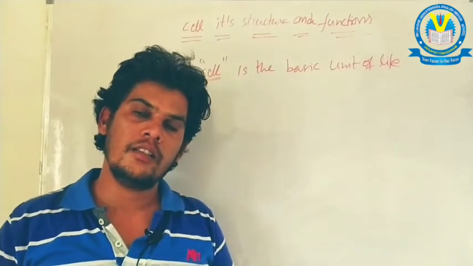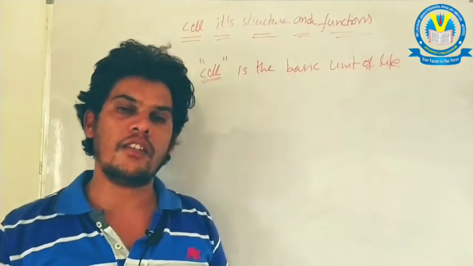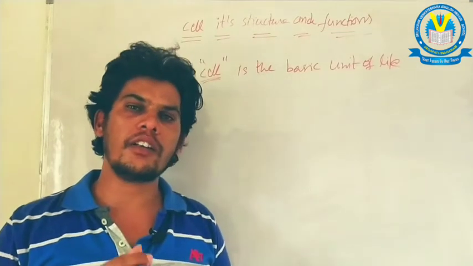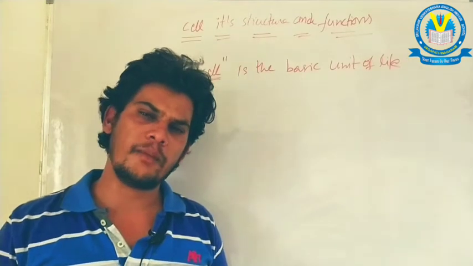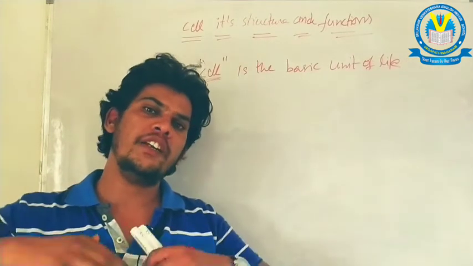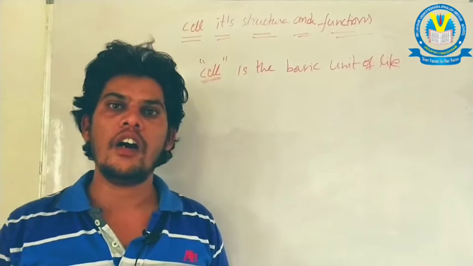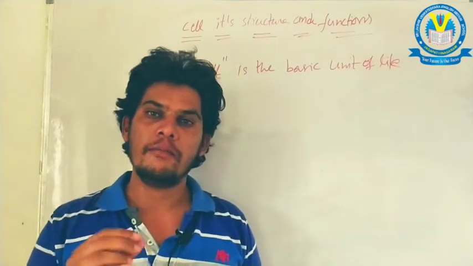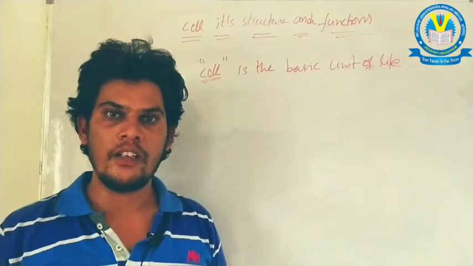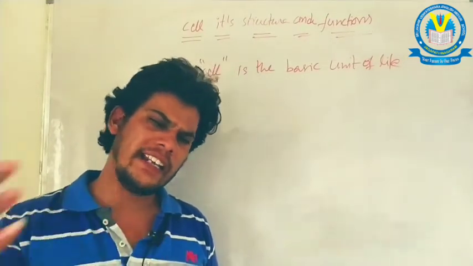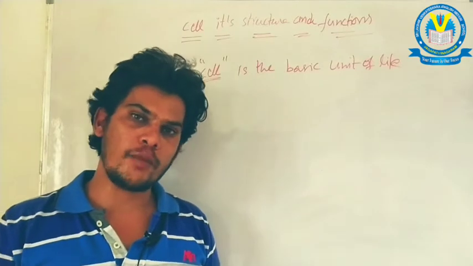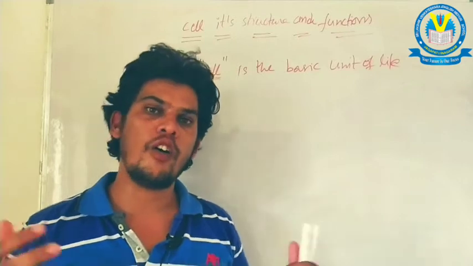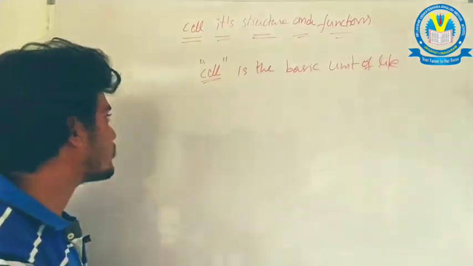Because all the creatures on the earth, from small microorganisms like an ant and some invisible things to very huge animals like an elephant, are composed of cells. You cannot imagine any organism on the earth without a cell. Cell is the basic unit for all life processes.